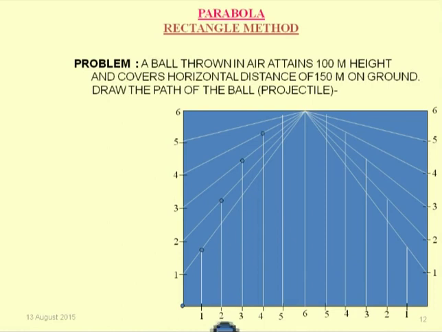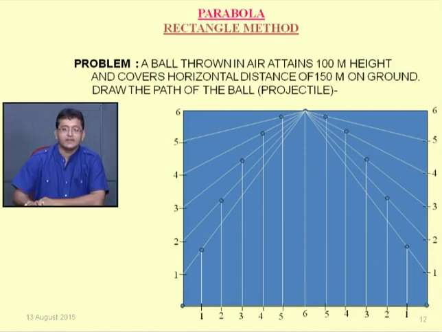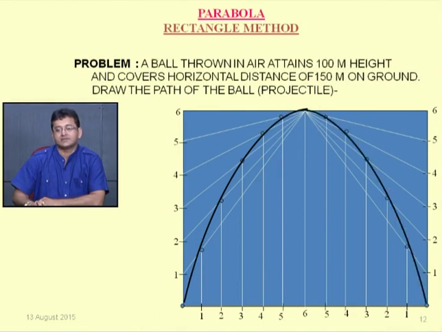Give them the names P1, P2, P3, P4, P5, P6, similarly P1 dash, P2 dash, P3 dash, P4 dash, P5 dash and P6 dash. And by a smooth curve you can join all these located points, and you obtain the parabola.